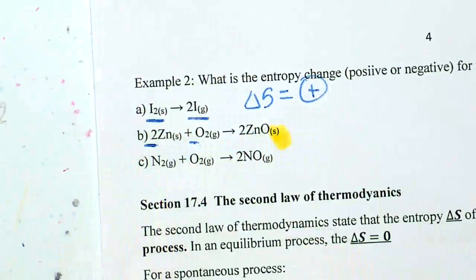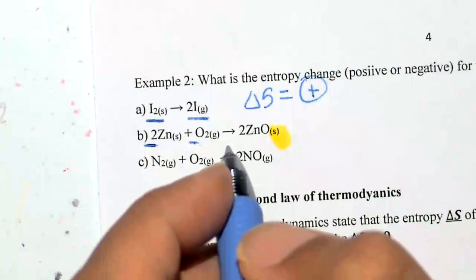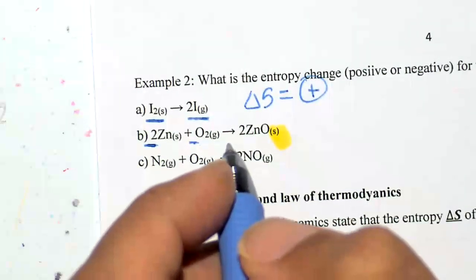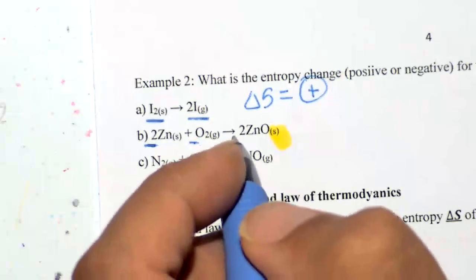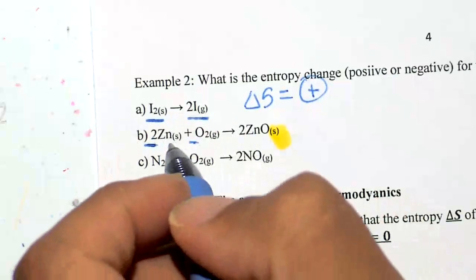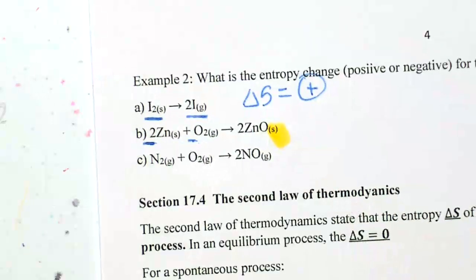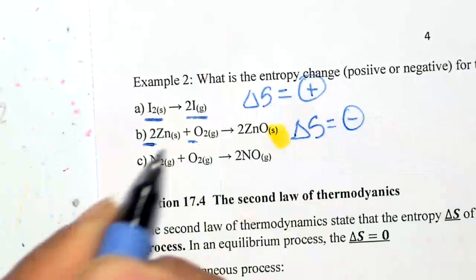So what do you think the change in entropy for that will be? Positive or negative? The answer would be negative. It goes off the moles too, so if we're forming new things, decreasing the number of moles, that's also more order, as opposed to increasing. Let's say you're going from 3 moles to 5 moles. There's more stuff, more motion, more can happen. So here delta S would be negative.